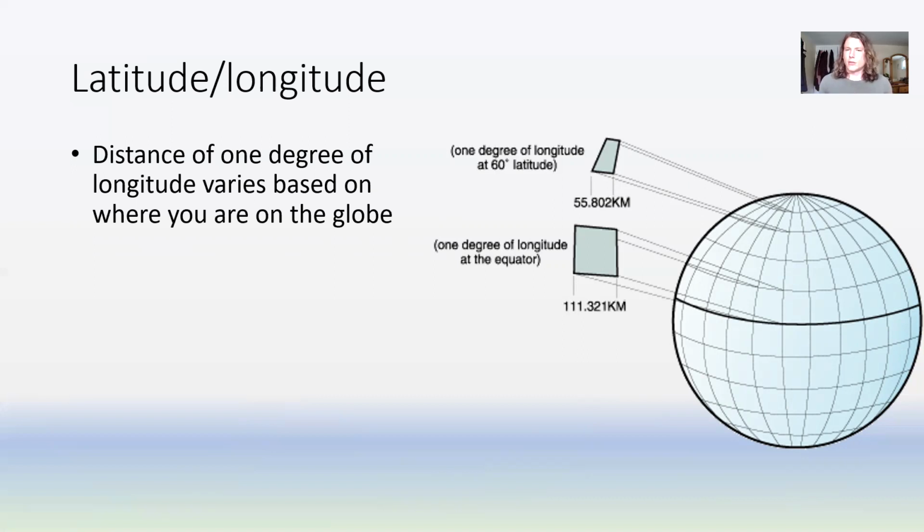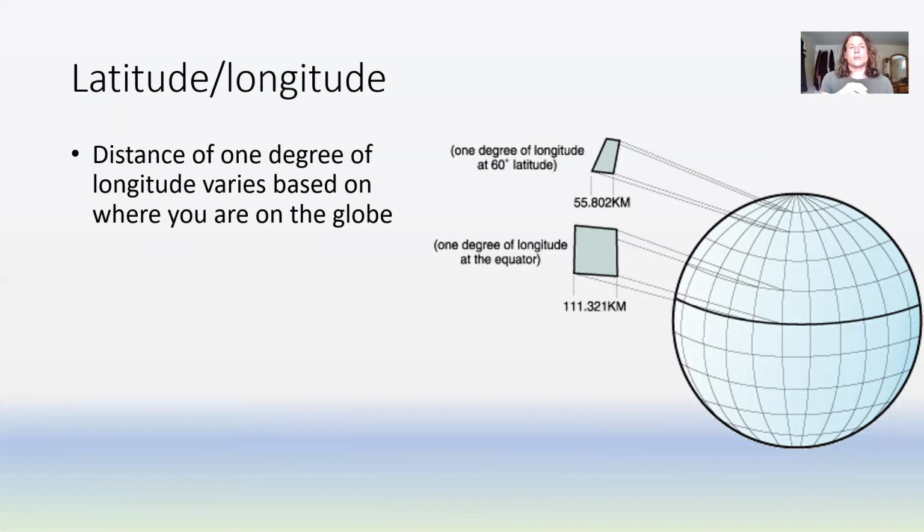But at 60 degrees north, it's only 55.8. And then at the north and south poles, at 0, all of the lines of longitude converge to one another, right? So that's a really important thing to note. It's important to be cognizant of that. I'll explain why that's important when we get further into the discussion on actual map projections.